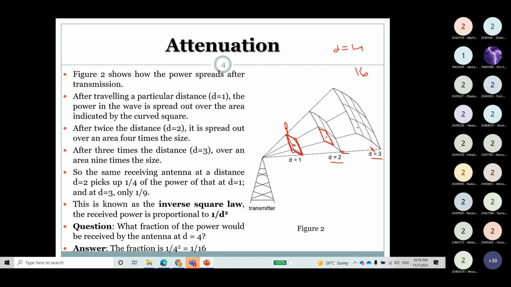When you are here at distance equal to 3, you will see a signal with power divided by 9. Here at d equal to 4, this power divided by 16. So you can see that the power of the signal will be attenuated, will be decreased.